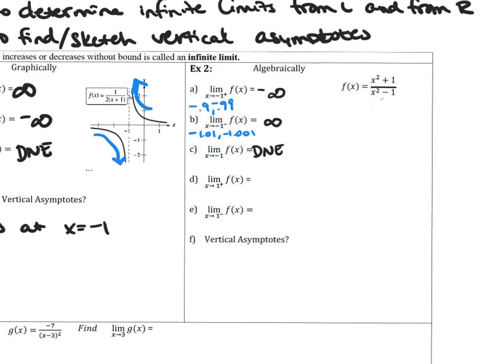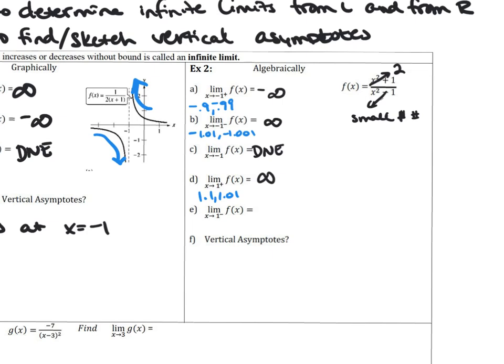Now we'll look at the limit as x approaches 1 from the positive direction. So these are numbers like 1.1, 1.01, etc. If we were to substitute them into the function, then our numerator is going to be approaching 2. And our denominator is going to again be a small positive number, which means that the limit as x approaches 1 from the right will be infinity.